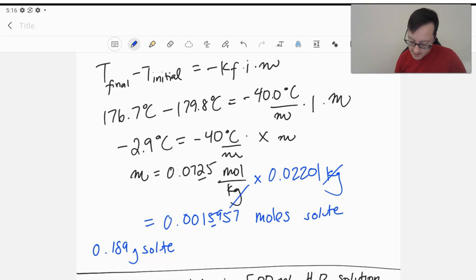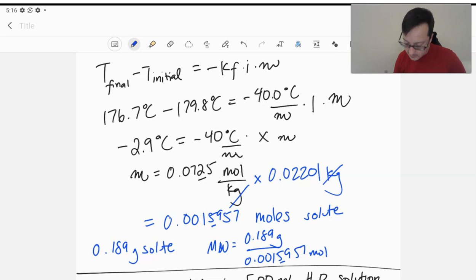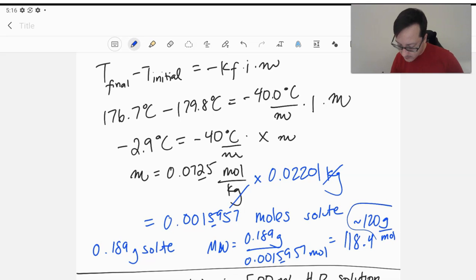So the molar mass, or molecular weight, whichever one you want to use, will be 0.189 grams divided by 0.001597 moles. If we do 0.189 divided by our answer, we get 118.4, or 120 grams per mole with our appropriate sig figs.